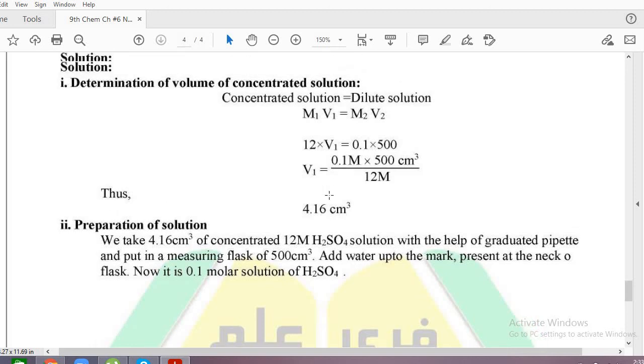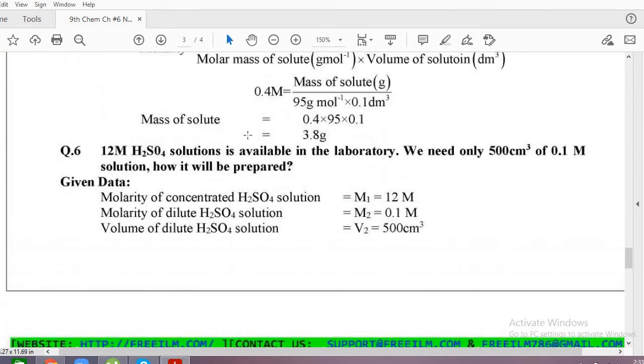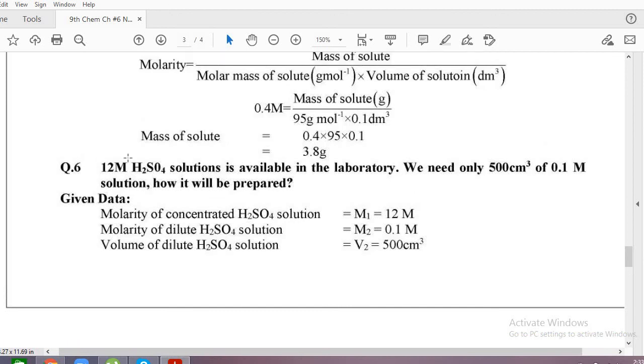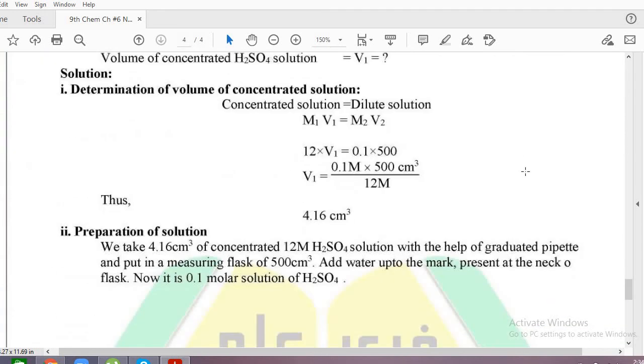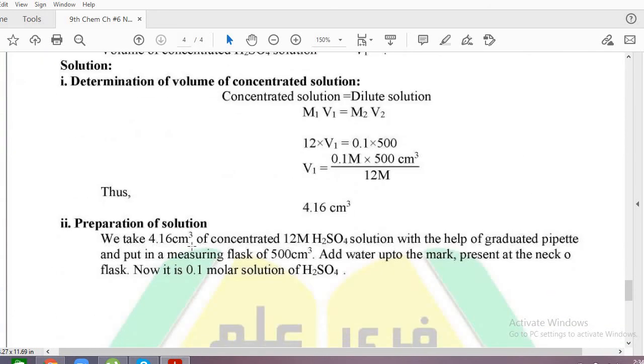So that means we take 4.16 out of the given 12 molar solution. Whatever is given, we take out 4.16 only, put it in the graduated pipette, and put it in the measuring flask.